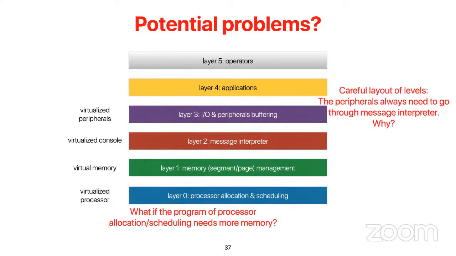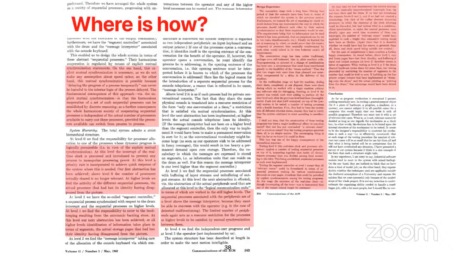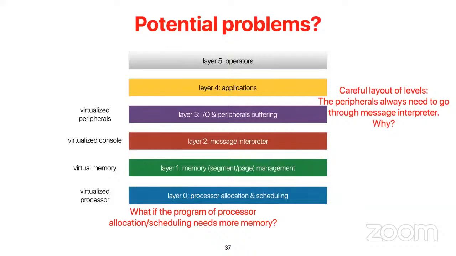Because you have the strict layering, the peripherals always need to go through the message interpreter, and there's no way for layer 0 to directly control the peripheral, or to access more memory. So it turns out, if you look at the paper design, it says that this operating system only supports at most 5 processes. The reason is that layer 0 cannot request more memory.